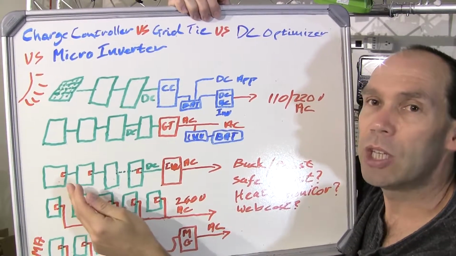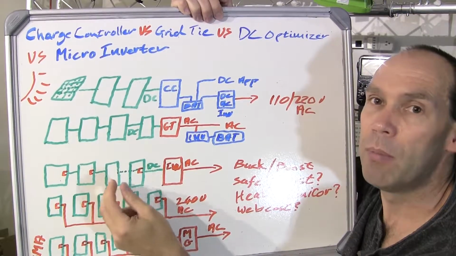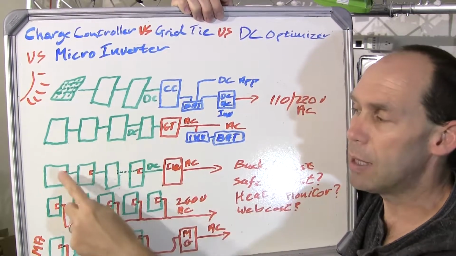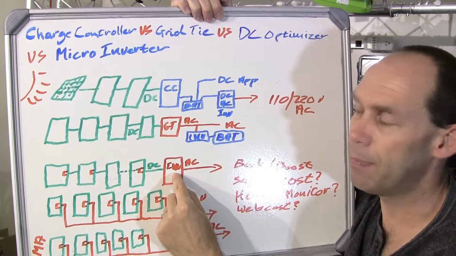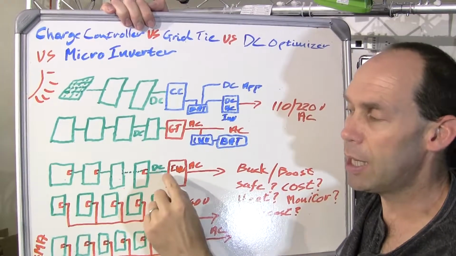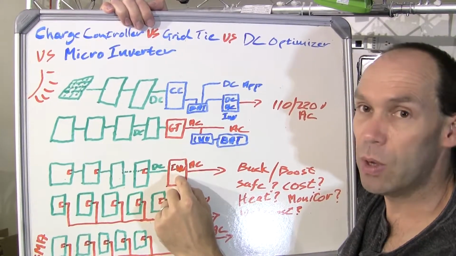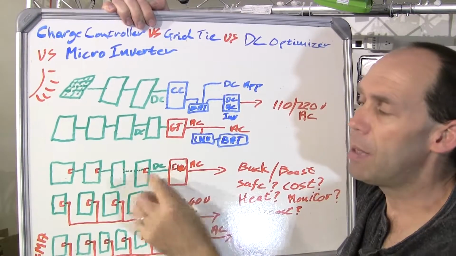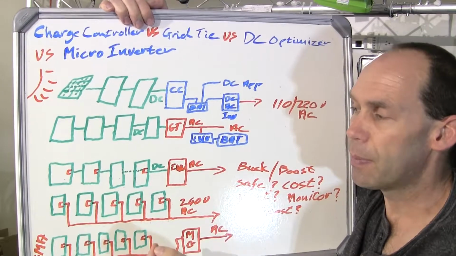It also means that you can potentially put different types of panels in here because each of them will be optimized, and then their DC power is brought to a central inverter. Now, the goal for these DC optimizers is to basically try and keep a single DC voltage level that comes into an inverter. And the way that some of these companies implement their optimization is different.